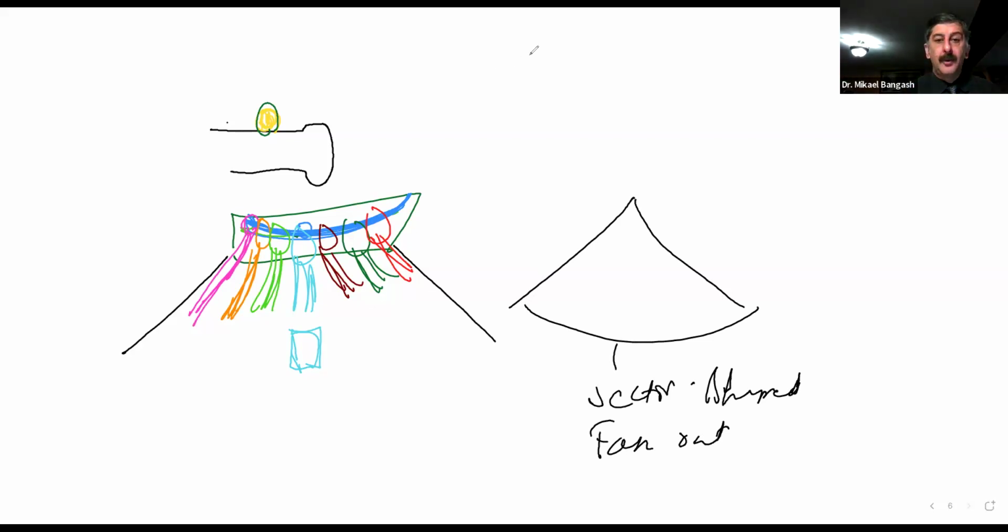Or have any of you ever seen a peacock spreading the feathers of its tail? What do you call that? It fans out. Or in ancient times, when we didn't have electric fans, have any of you seen those handheld fans, which were cheap, but you could fold them together, right?